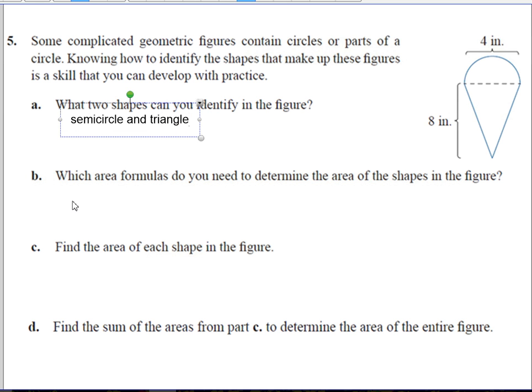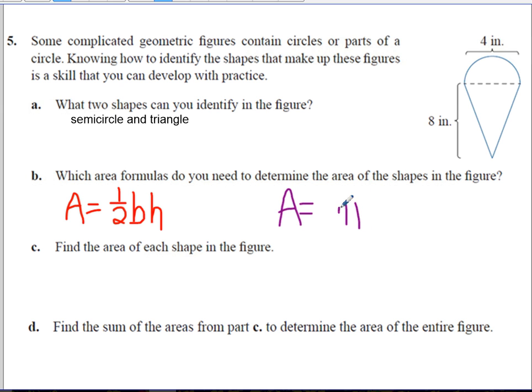Okay. So the area formulas that we need: the area of a triangle is 1/2 times base times height. And then the area of a circle, we know, is pi times radius squared.